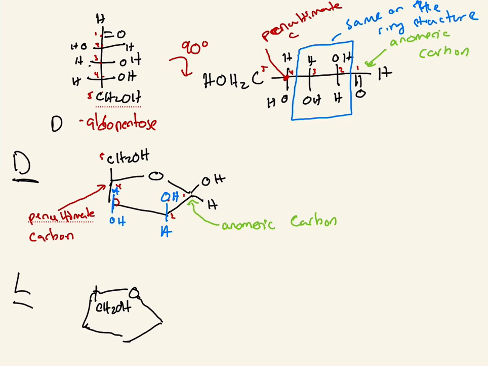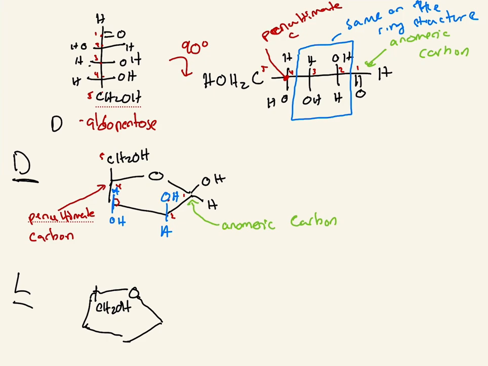Right, so you can imagine I grabbed this oxygen here, and I grabbed the anomeric carbon, and I bent the ring to form a bond between those two. When I did that, I ignored the CH2OH, which is why it's not a part of the ring.